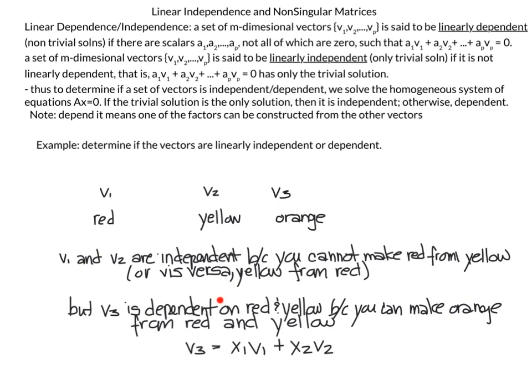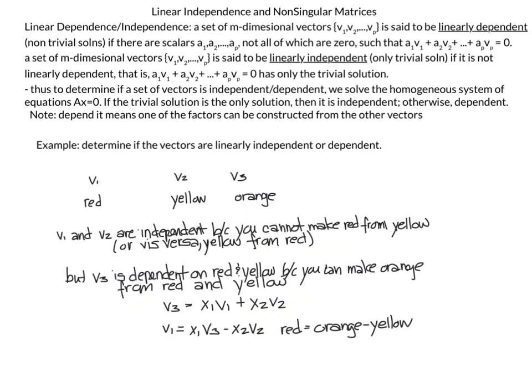We are going to talk about this more, but in this case, to be dependent means you can make one of these objects from the other two. And technically, for our study of linear algebra, if we can subtract things out, we could make red, or v1, by subtracting out our yellow, v2, from our orange.